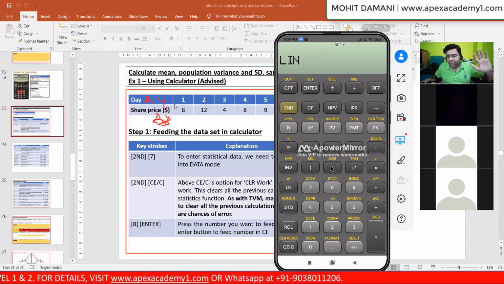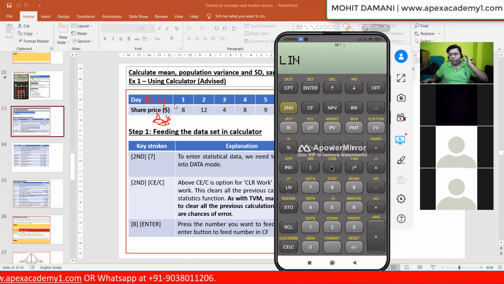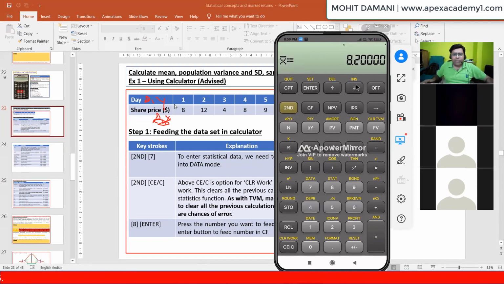You have entered the data, that is, input is given. Now we see the output. Arrow down, n is 5, we have observed 5 observations. Mean of x is 8.2, sx is 2.86, that means the sample SD of the x variable is 2.86, population SD is 2.56.